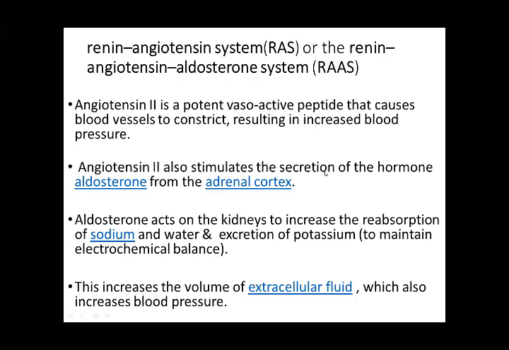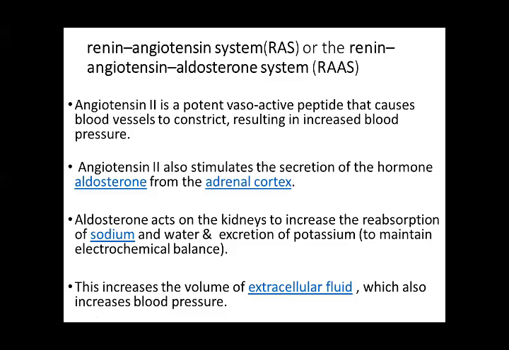Angiotensin 2 stimulates secretion of the hormone aldosterone from the adrenal cortex, and aldosterone acts on the kidneys to increase resorption of sodium and water and excretion of potassium to maintain electrochemical balance. This increases the volume of extracellular fluid, which increases the blood pressure.